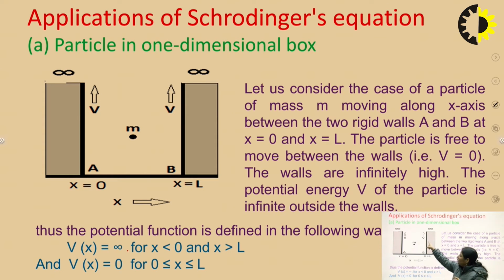And again here we can see by the diagram that these walls are tending to infinite. So by the relation of that height, we can consider that the potential energy at these ends is infinite. That means when the particle comes to these boundaries, it experiences a very large potential energy. So the particle cannot cross that potential energy.